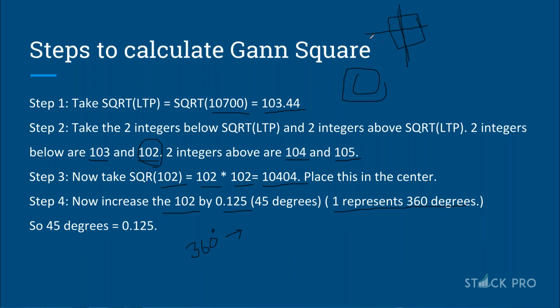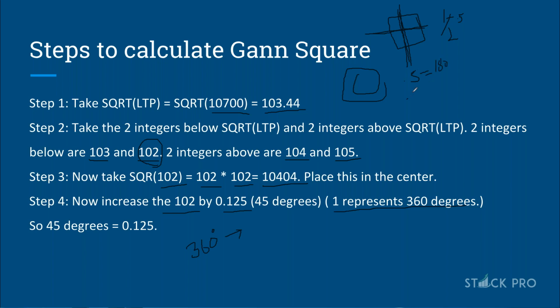Half will be 180 degrees, a quarter will be 90 degrees. So half of one, which is 0.5, will be equal to 180 degrees, right? 0.5 will be equal to 180 degrees.